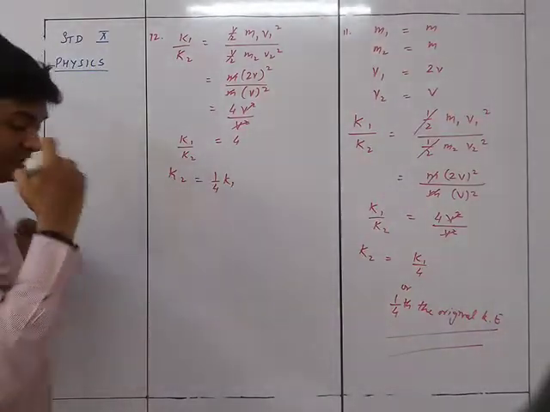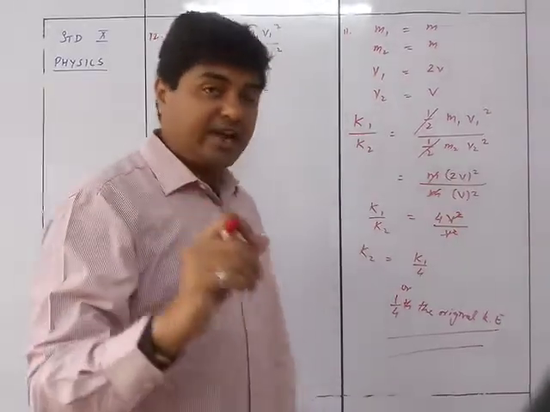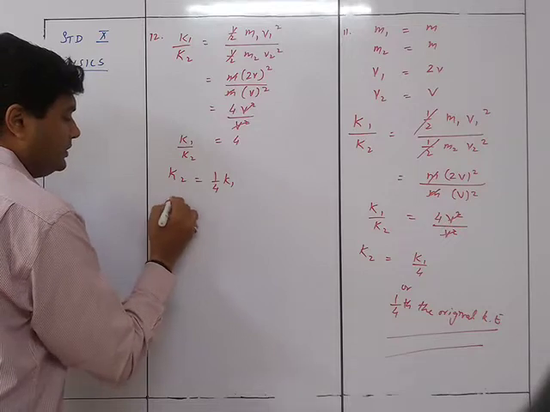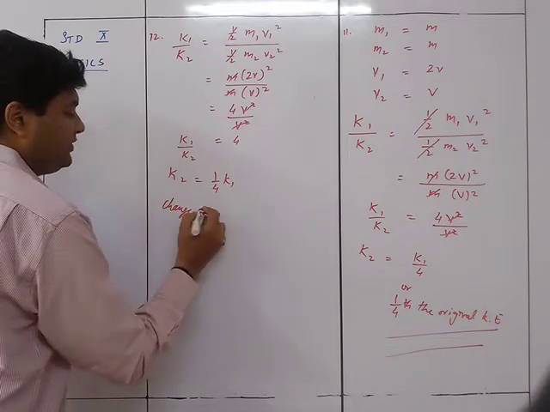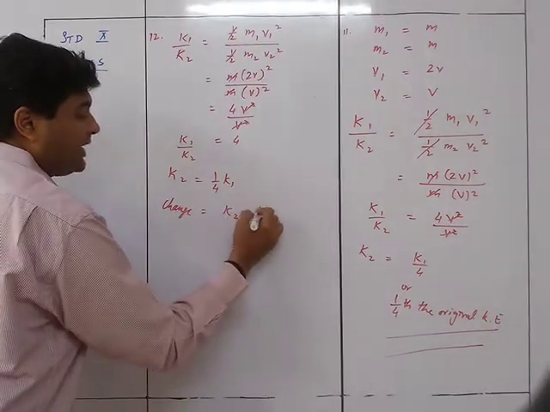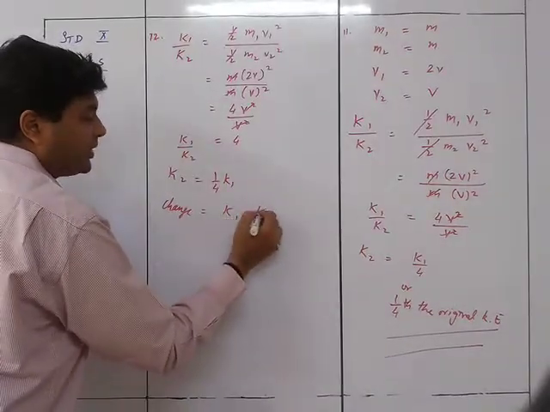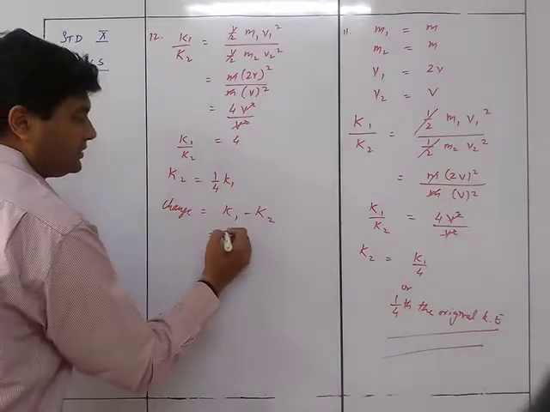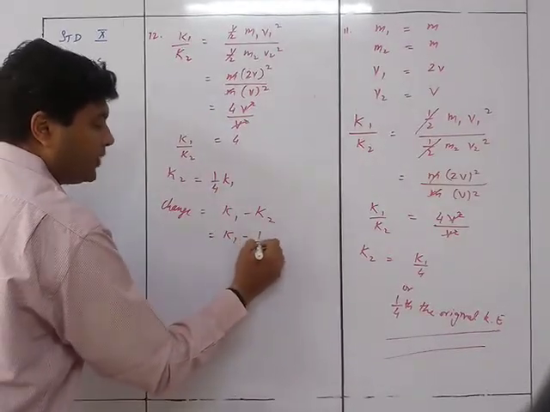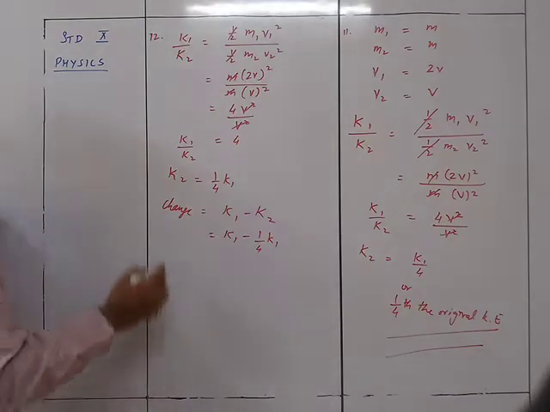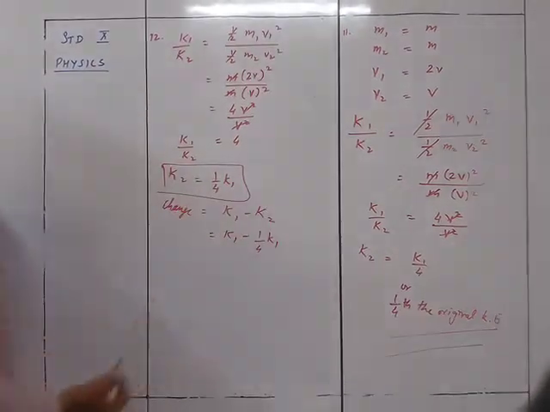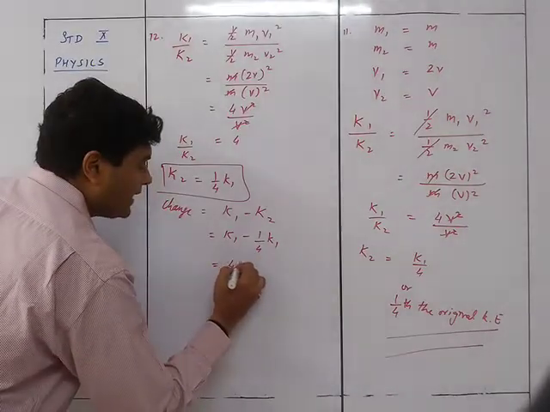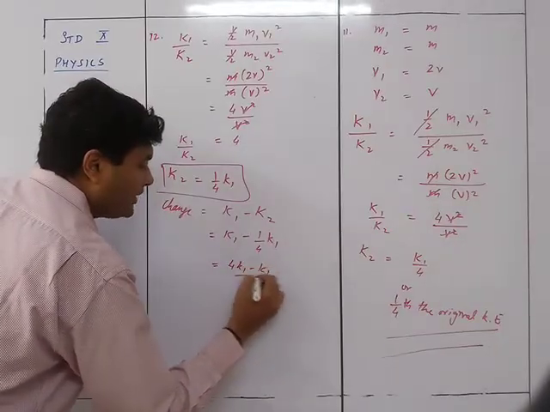Now what they asked us is the change. So what is the change over here? Change is equal to k1 minus k2, because k2 is smaller. We can see that k2 is 1/4 k1. So it is k1 minus 1/4 k1, which is nothing but 4k1 minus k1 upon 4.